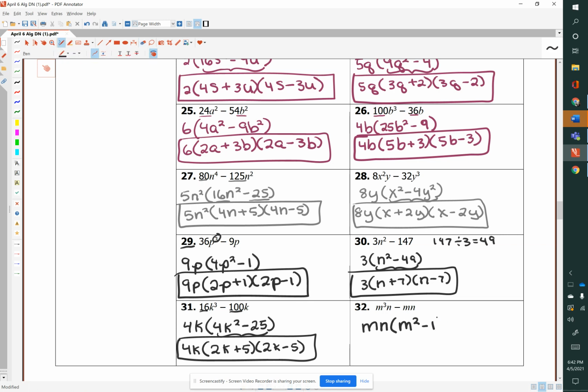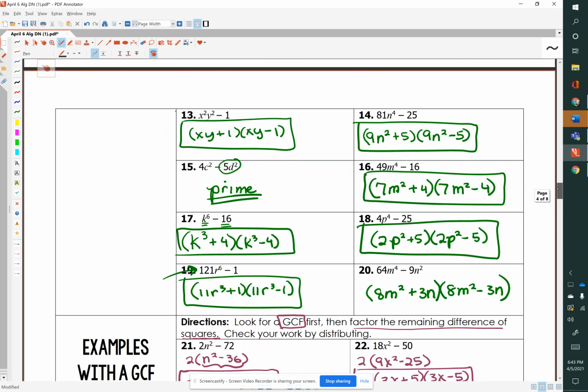So m squared minus 1, so that's our difference of squares. So we have mn, m plus 1, m minus 1. Final answer.